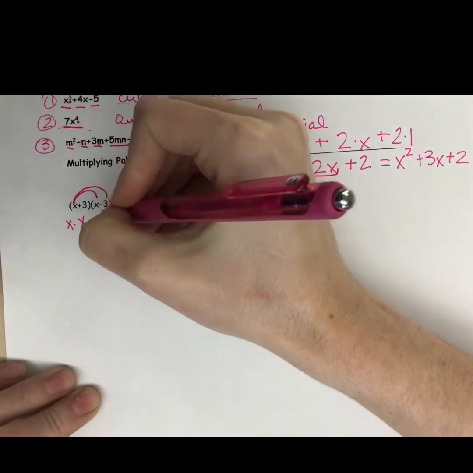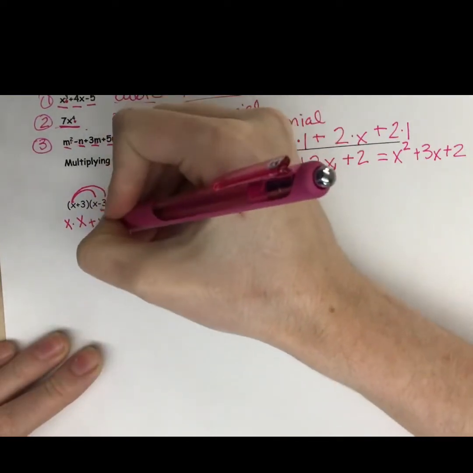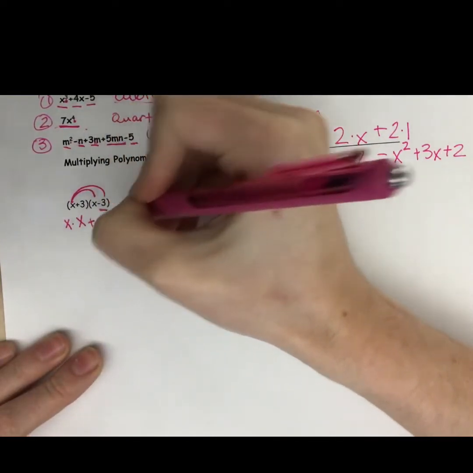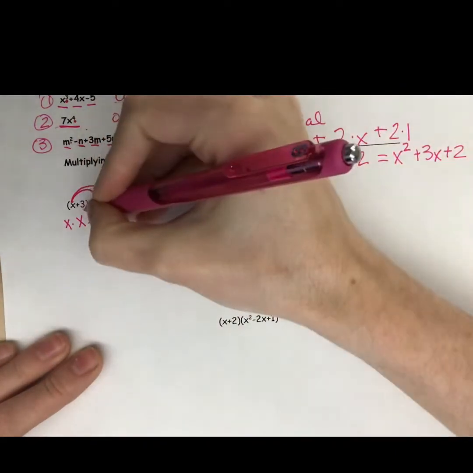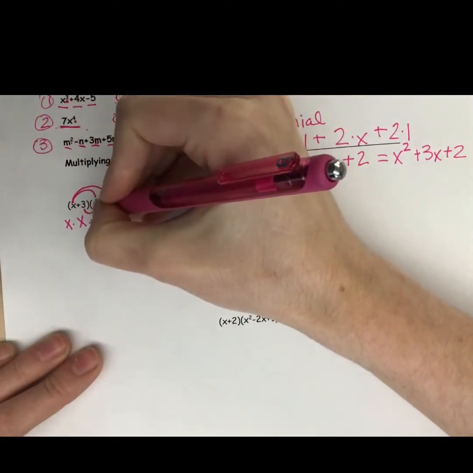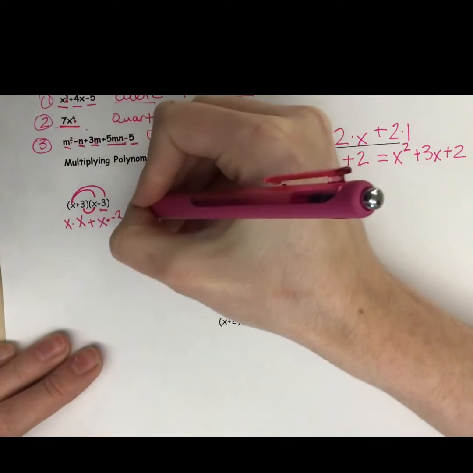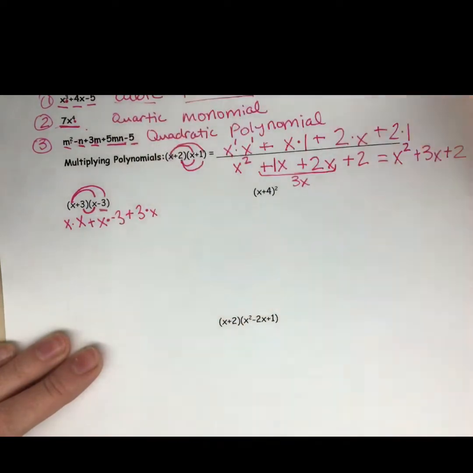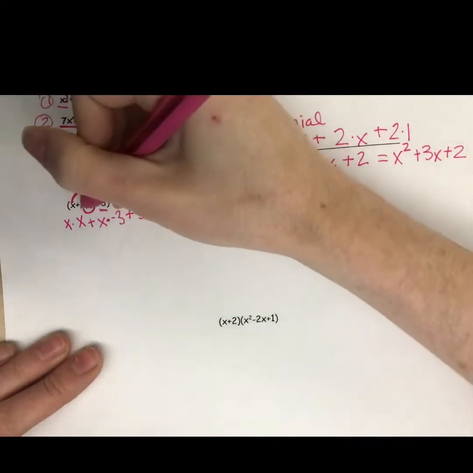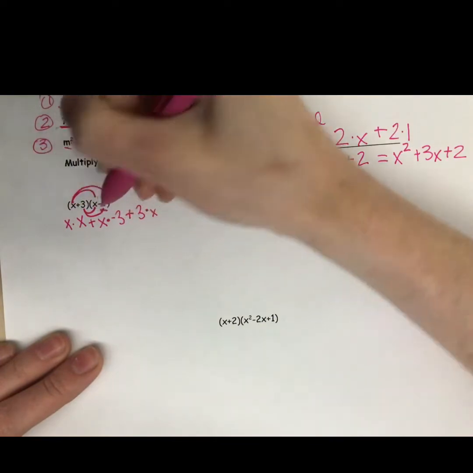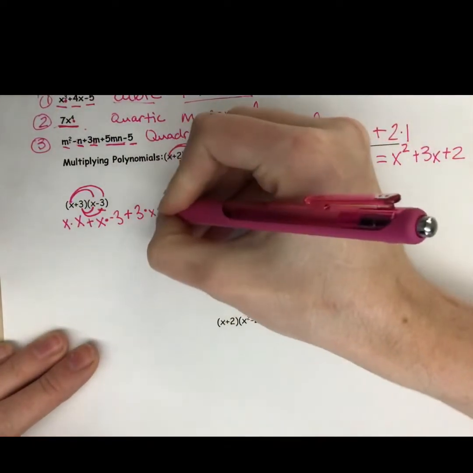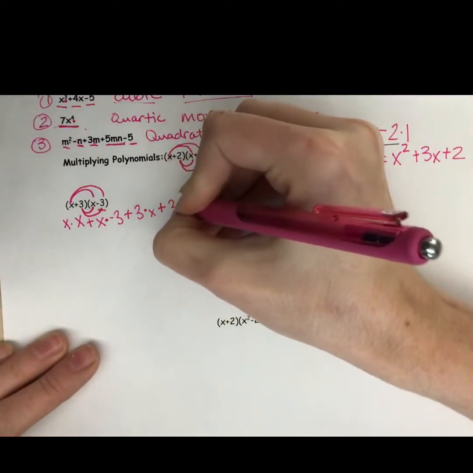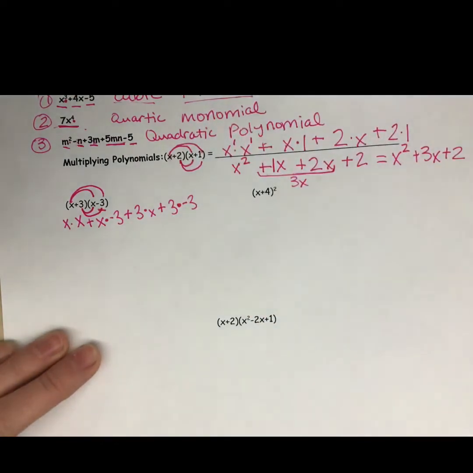Remember that negative stays with the 3. So x times negative 3. Then I have my inside terms, 3 times x, and then my last terms, 3 times negative 3.